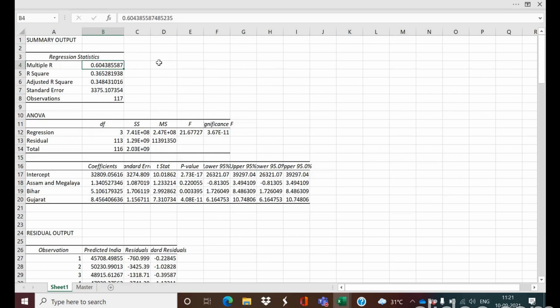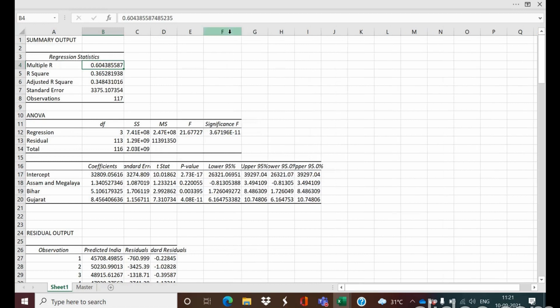R square is a very important parameter. Adjusted R square should be more than 0.6. It shows the combined effect of all the independent variables on the dependent variable. Anova is basically giving you the alternate hypothesis for these two parameters, regression and residuals.